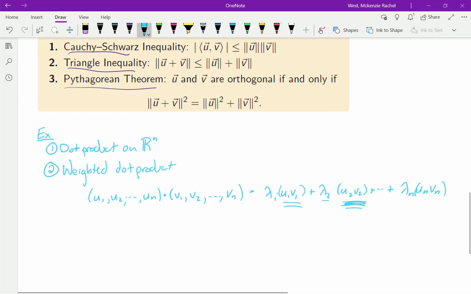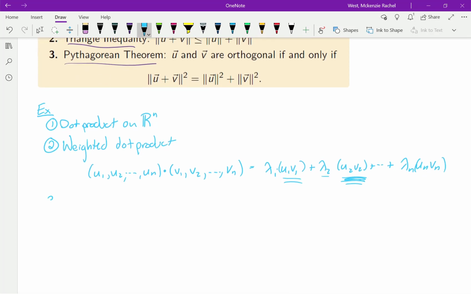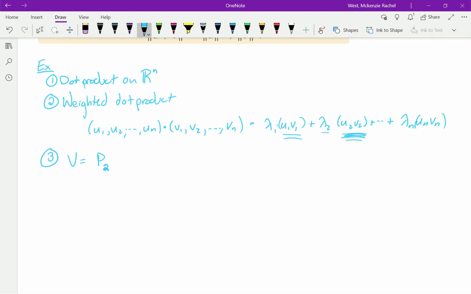So these do have real applications, and then let's do another wacky example. Take our vector space to be all polynomials, maybe, of degree up to 2. So let me fix the notation on the previous one.